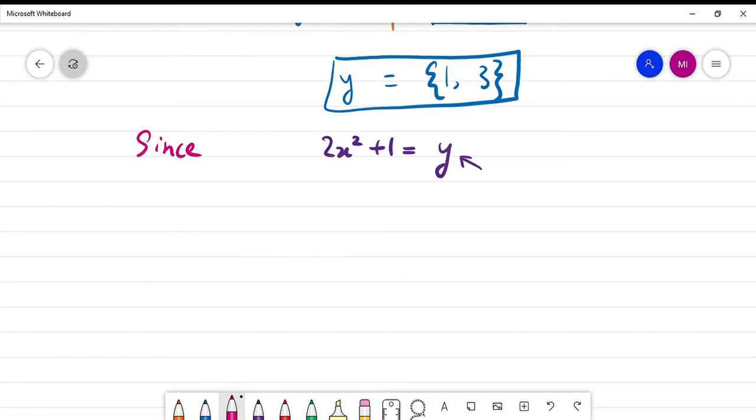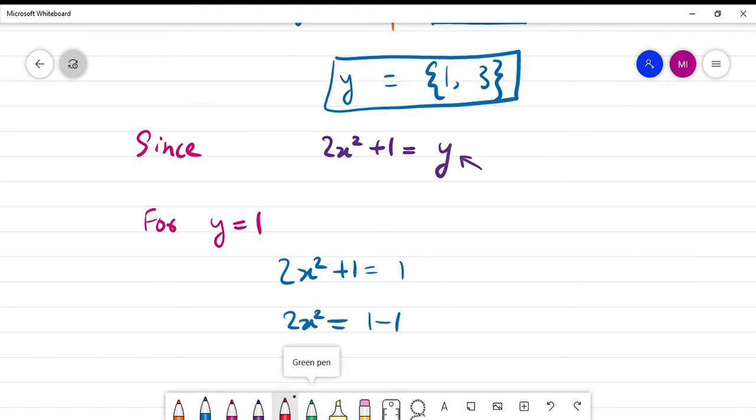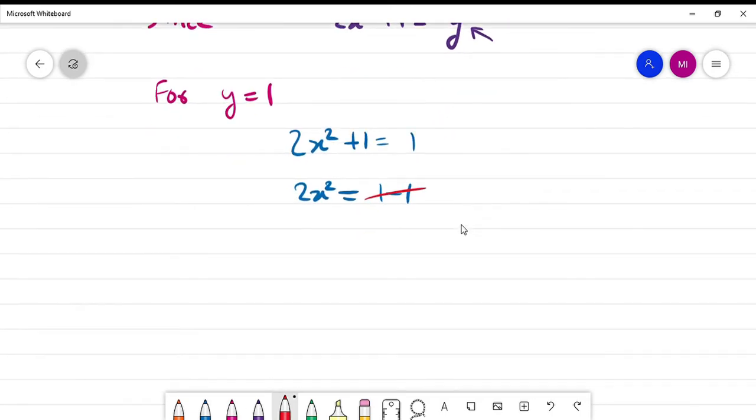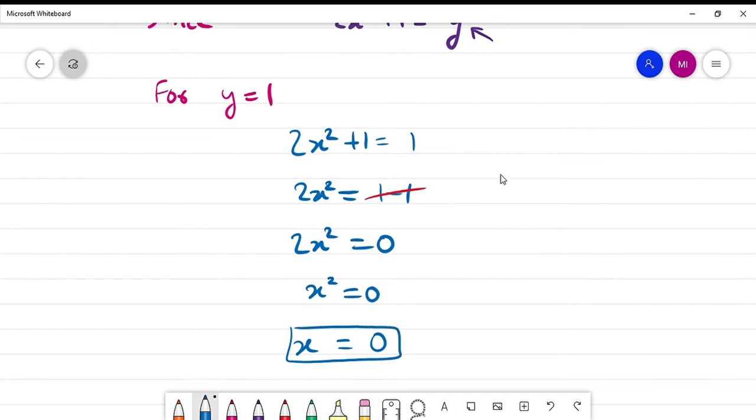So for y is equal to 1, 2x squared plus 1 is equal to 1, so 2x squared is equal to 1 minus 1, and so 2x squared is equal to 0. And x squared is equal to 0. If we send 2 to the other side, it divides, and 0 divided by 2 is 0. And now we can take the square root, but it doesn't make a difference, so x is equal to 0. That's one value.